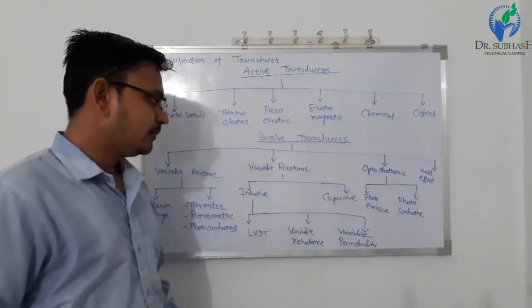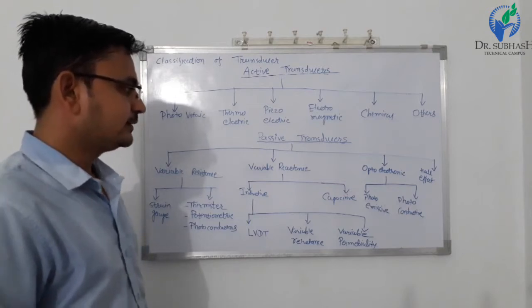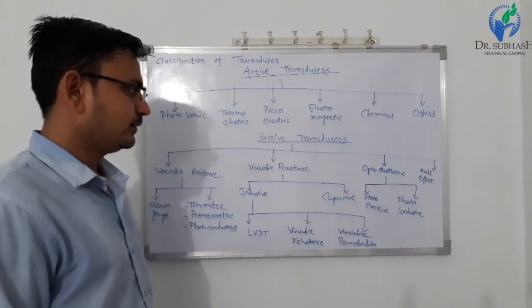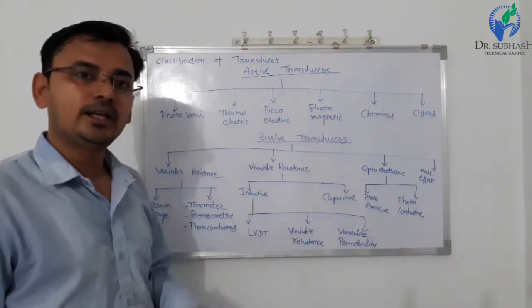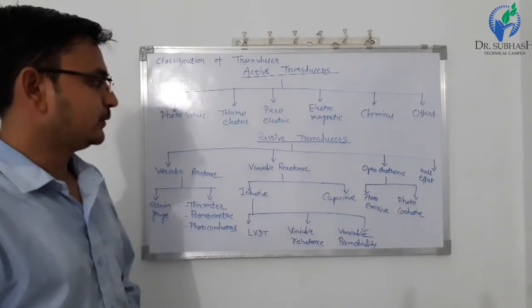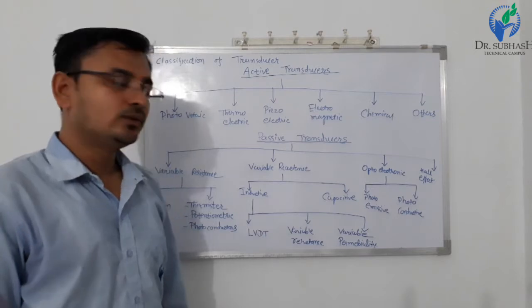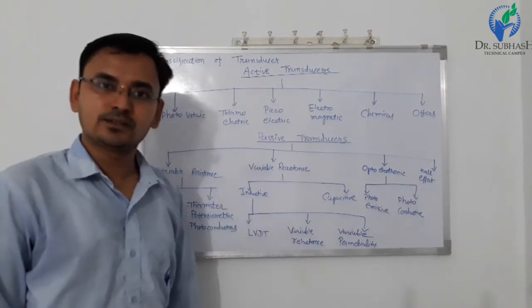So it is a passive type transducer. Another one is the variable reluctance type transducer. And next is the variable permeability type transducer. But the most common type is LVDT. It is very common in inductive transducers. Another one is the capacitive transducer. We use the principle of capacitance in a capacitive transducer.